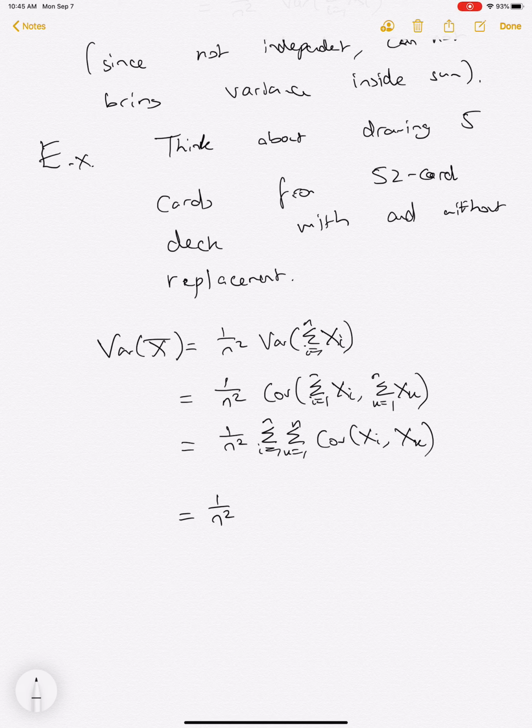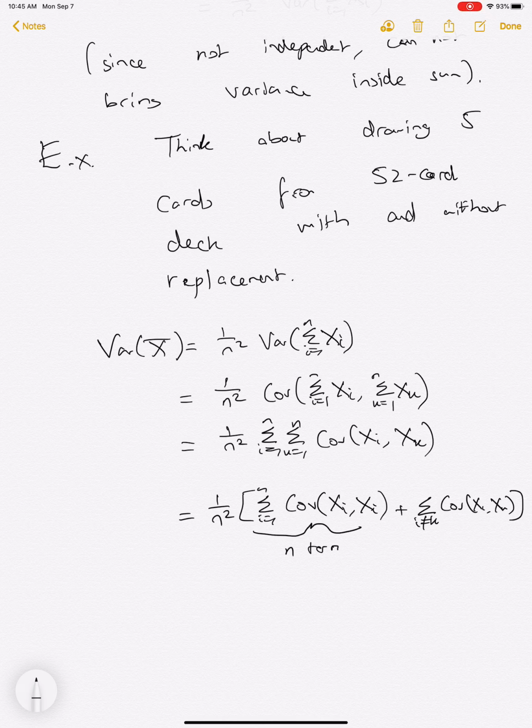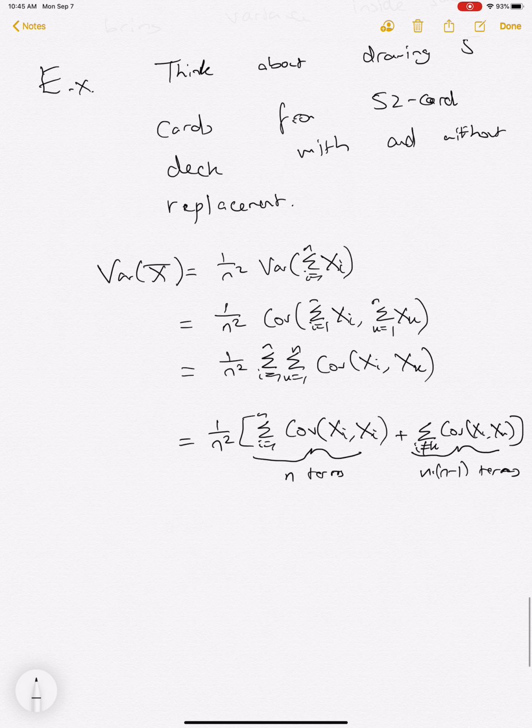We can split this up into two scenarios: where i equals k, and the second scenario where i is not equal to k. There are clearly going to be n terms in the first, and then n times n minus 1 terms for the second part.